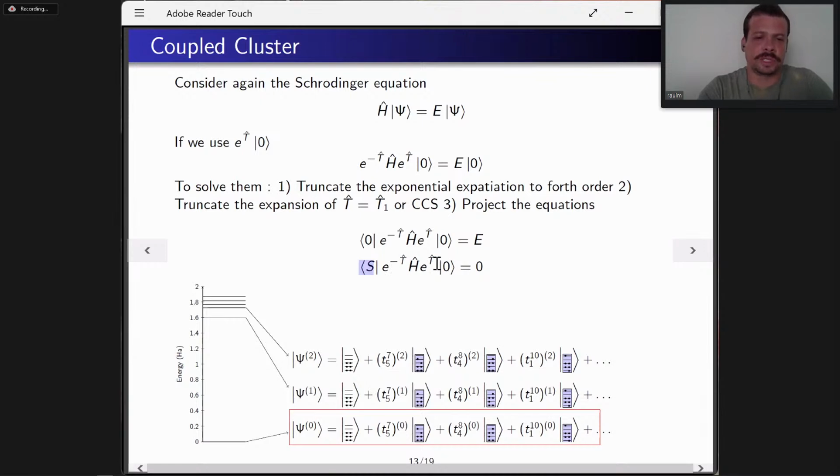And in the second equation, we will obtain the amplitudes of the single excited state configurations. So these amplitudes will correspond to the single excited state. In the end, these amplitudes will contribute to this energy, so let's say that we will have a correlated energy given by these T1s.